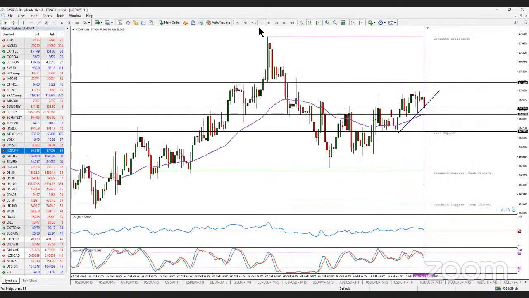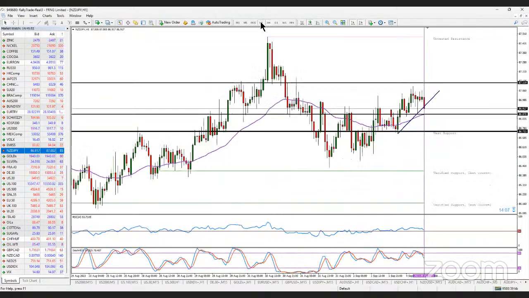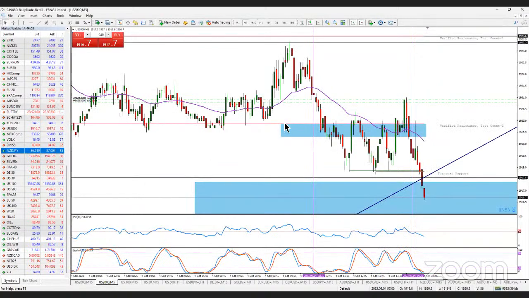I use 1 hour, and then 4 hours is still above 50, that means we are in an uptrend, right? Although I don't even know why you trade this, because look, there's so much noise. I don't think you should be trading something with all of these wicks. Too much noise in this. You want instruments that don't have any noise.